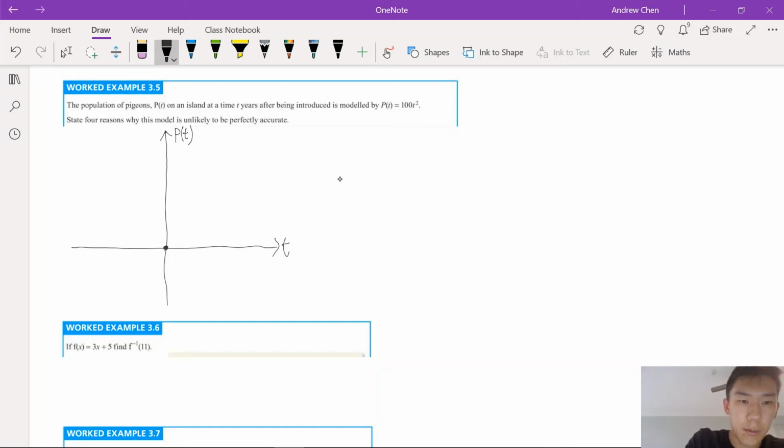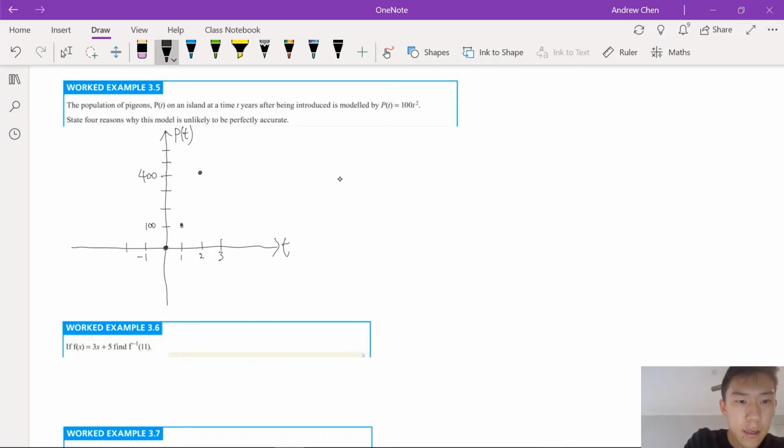And now I'm just going to sub in some values. If I sub in 1 for t, I have 100. If I sub in 2 for t, I have 100 times 4, which is 400. That gives me that point, and I'm going to run out of room, but you get what I mean. If I sub in 3, it's 100 times 9, so I should have 900, so my graph's going to go all the way up.